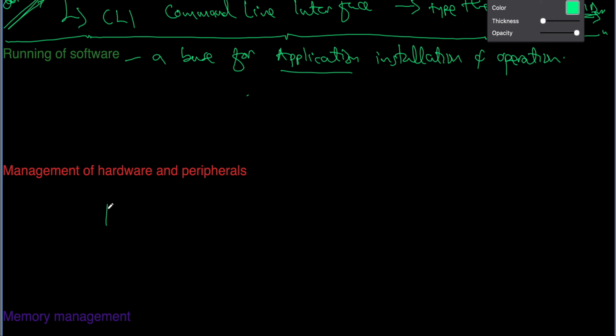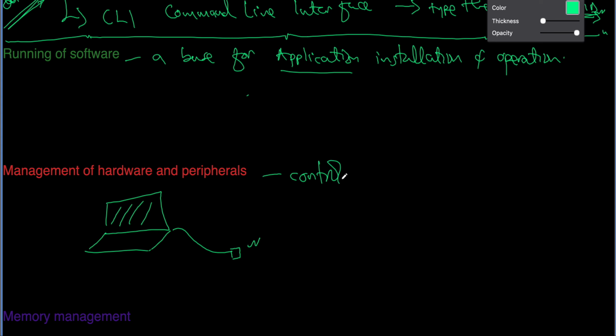So suppose that I have my computer here, and then I go ahead and install an external mouse. I cannot use this mouse if I don't have the operating system, because it's the operating system that is responsible for controlling all devices connected to the computer.